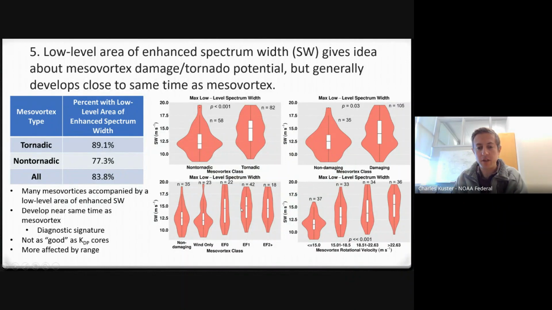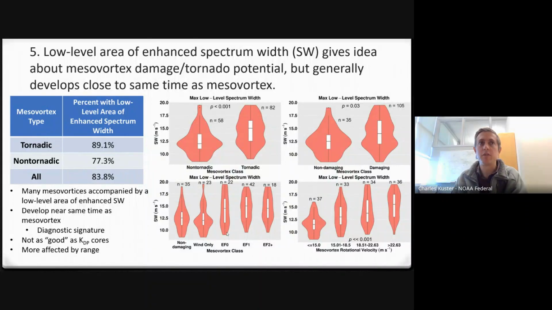Another thing I wanted to point out is that with the areas of enhanced spectrum width, we didn't see an increasing trend in the spectrum width magnitude, even as the tornado EF scale rating increased. So that's different than those KDP cores. I do think the KDP cores are maybe a quote-unquote better signature than these areas of enhanced spectrum width, just because of that slightly stronger tie to the impacts and maybe strength of the mesovortex.